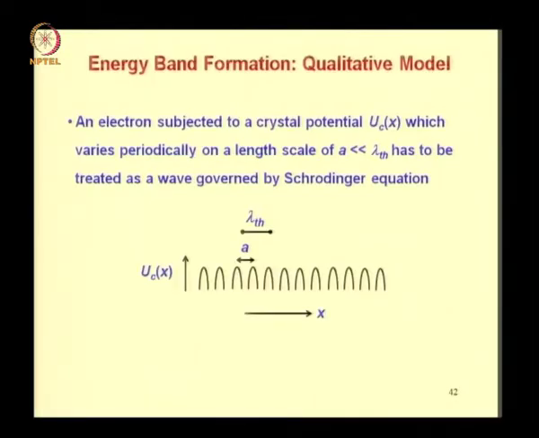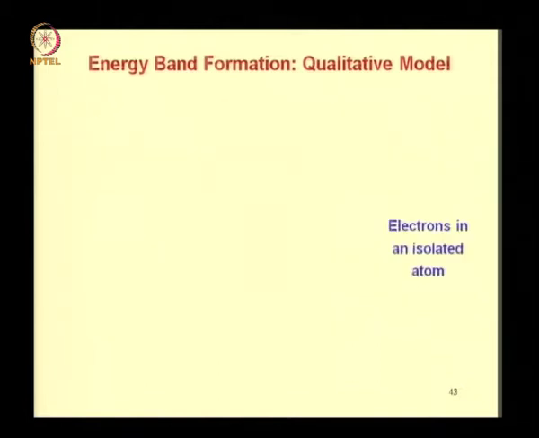So this is an important point one must bear in mind. So in such a case, we need to use Schrödinger's equation to develop the behavior of the electron. Now let us see how we develop the behavior of electrons in a crystal. One approach is to start from electrons in an isolated atom.